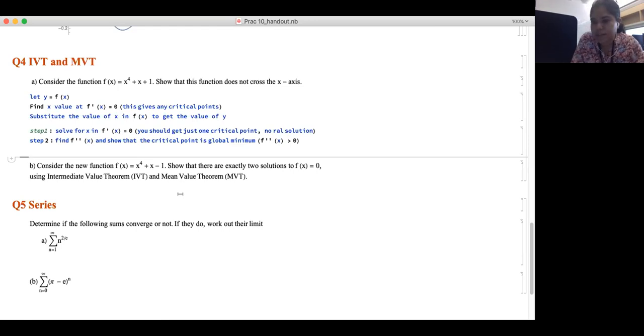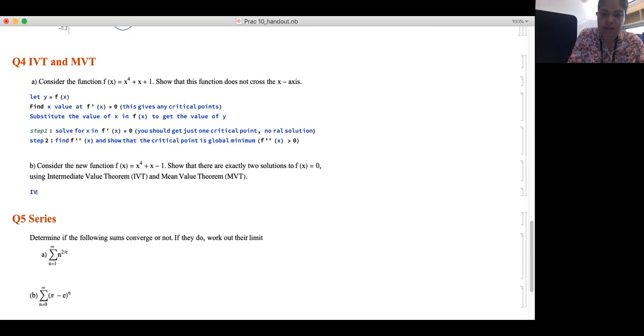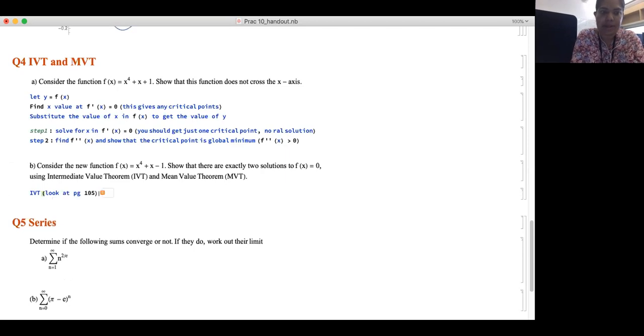Okay, what does the intermediate value theorem say? Intermediate value theorem, look at page 105. Okay.